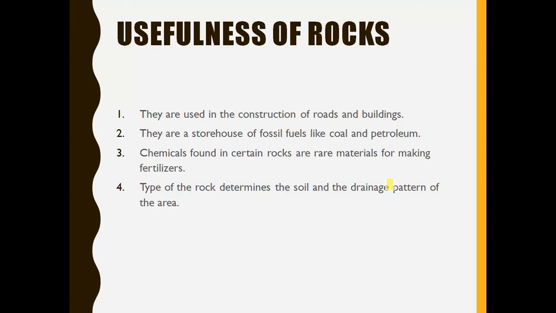Now, what is the use of rocks? Rocks are used in the construction of roads and buildings. They are also the storehouse of fossil fuels like coal and petroleum. They can also ask you a question, name the two fossil fuels. They are coal and petroleum. Even the chemicals found in certain rocks are very rare, and they are useful for making fertilizers.